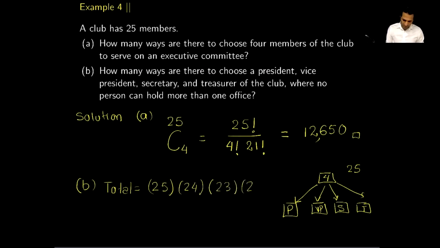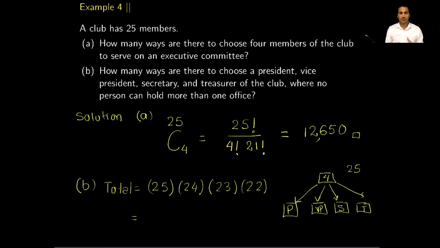This will be the total number of ways, because the conjunction in this problem is "and." Therefore 25, 24, 23, and 22 are the total number of ways to form a committee where you choose a president, vice president, secretary, and treasurer of the club, and no person can hold more than one position. Therefore repetition is not allowed, but the order does matter.